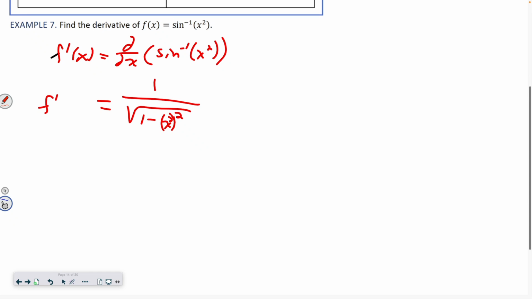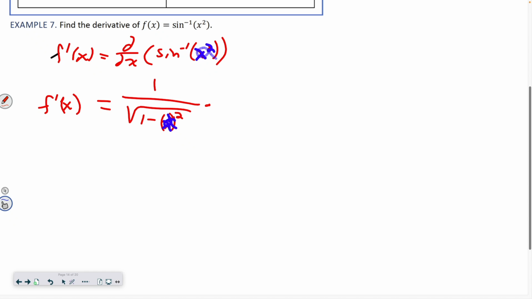Let me pause. There's a little bit left to go on here, and I'll show you in a second. So the inverse sine of whatever it is, when it was just plain x, then we just had plain x squared there. So if you have something else in there, if it was a, then you have a in there. Or if it has to be x squared, well, then you put x squared in there.